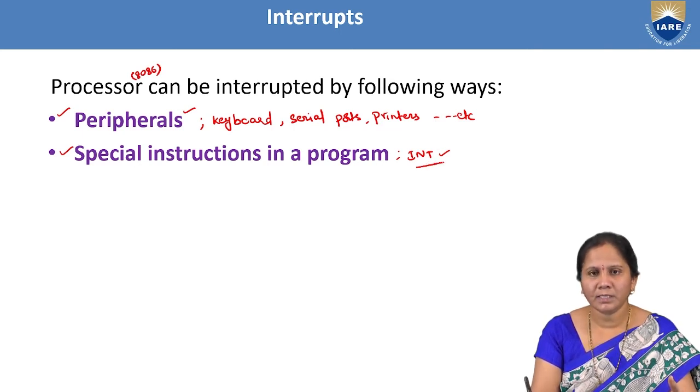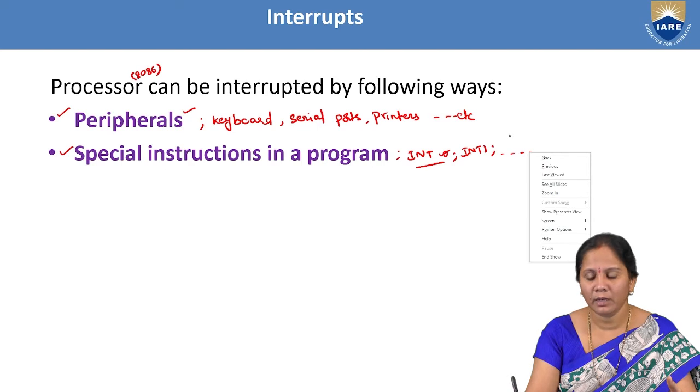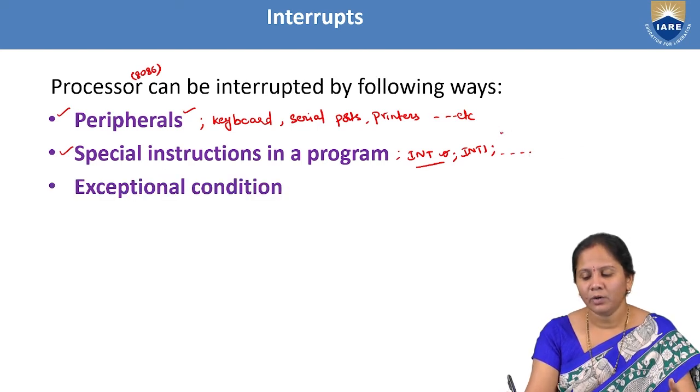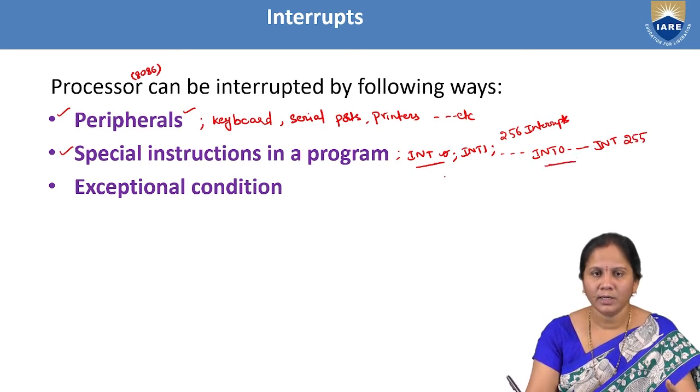INT may be INT 0 or INT 1, any type of interrupt. In the 8086 interrupt vector table, there are totally 256 interrupts, from INT 0 to INT 255. If any of these interrupts is executed, it is an interrupt because of a special instruction in the program.